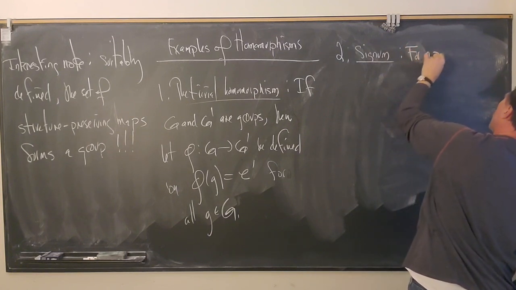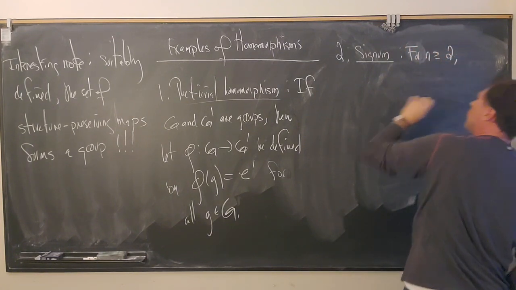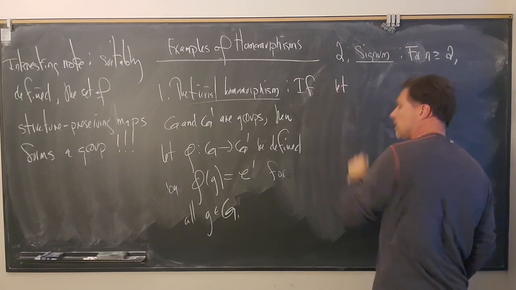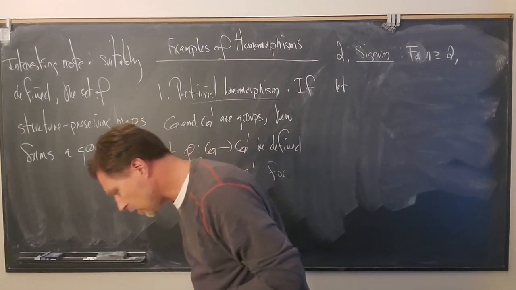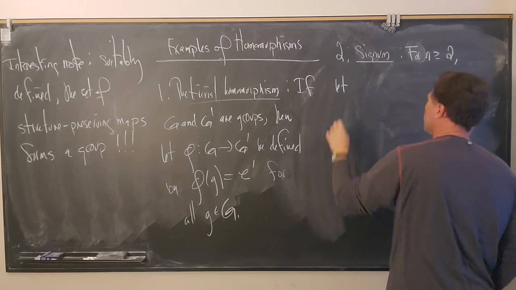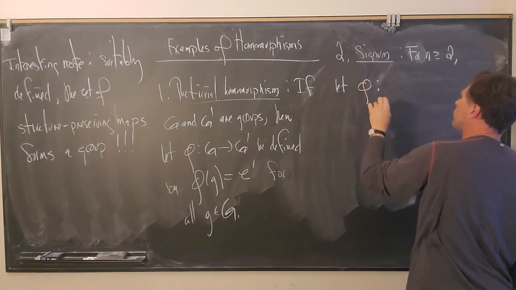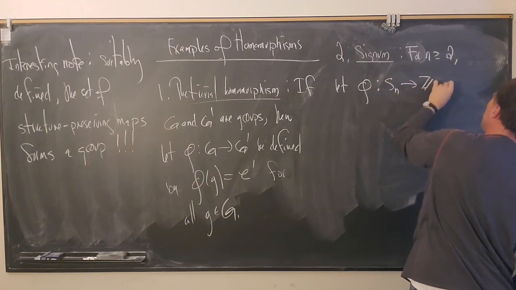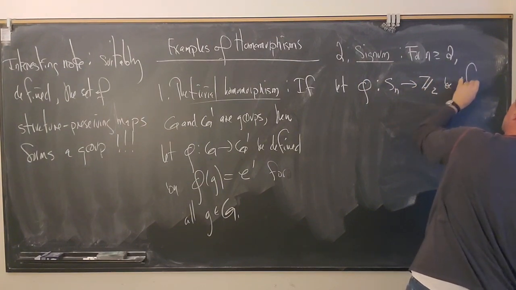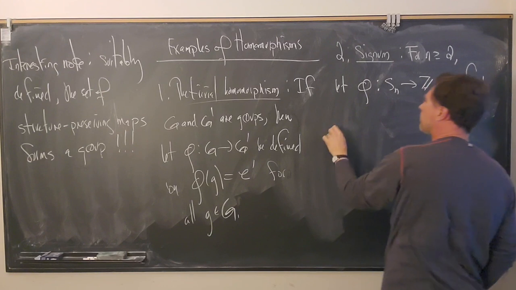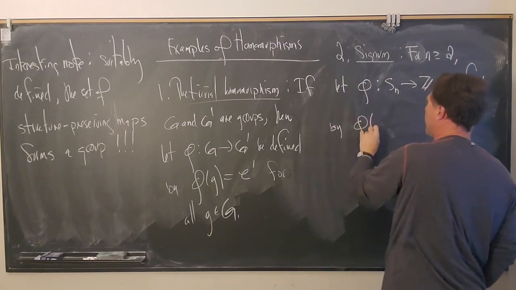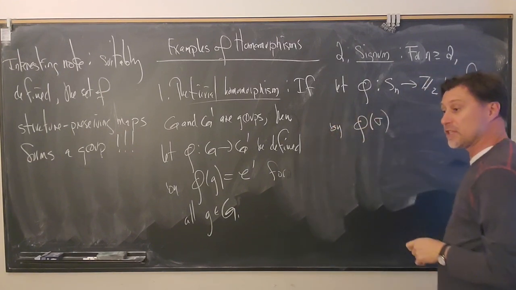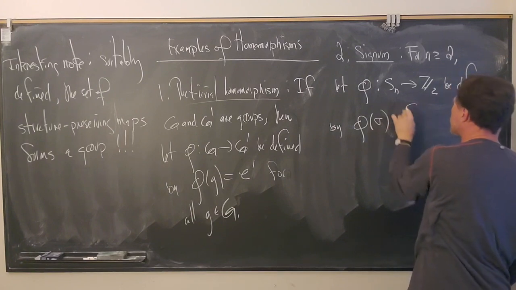For n greater than or equal to 2, let phi from Sn to Z2 be defined by phi of a permutation sigma equals, well, there are two possibilities.